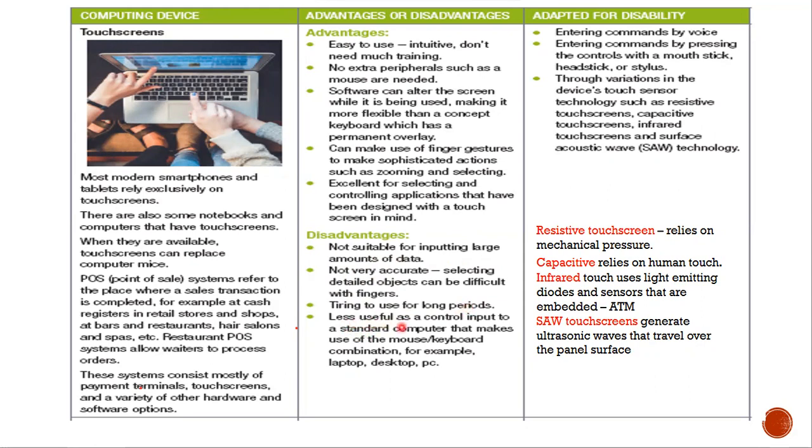It is less useful as a control input to a standard computer that uses the mouse and keyboard combination. If you have a mouse and keyboard combination, then the purpose of a touch screen is not as significant because you can work with the mouse and keyboard. So it depends on the application and what it is being used for.